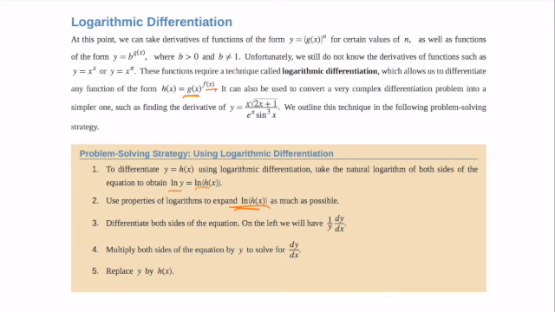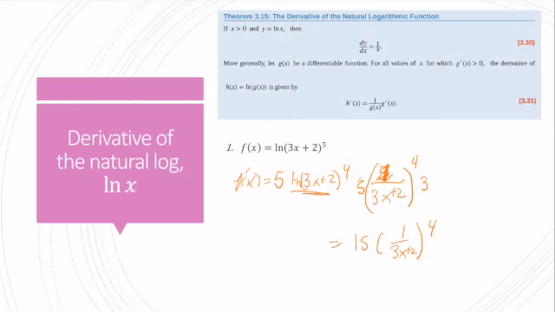Let me show you how we would have properly done this. Because we have an exponent raised to a power, one of the rules of logarithms says that if I have natural log of 6 to the 5th, I can move the 5 to the front. So here we wouldn't have needed that 4, but we did need that 3. So I would have 15 over 3x plus 2.